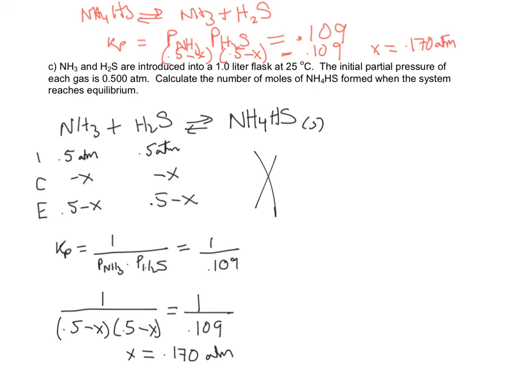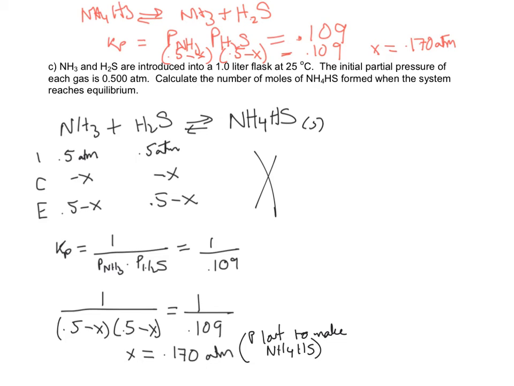Okay, so let's write a little note next to it. This is the pressure lost to make the NH4HS, either by the ammonia or the H2S.